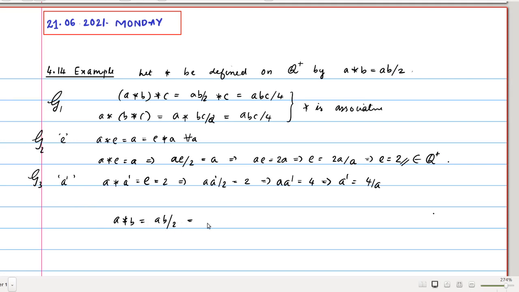Since a and b are real numbers, you can write it as ba by 2, which is equal to b star a by this definition. So star is also commutative. Therefore we can say that Q plus along with this binary operation star is an abelian group.